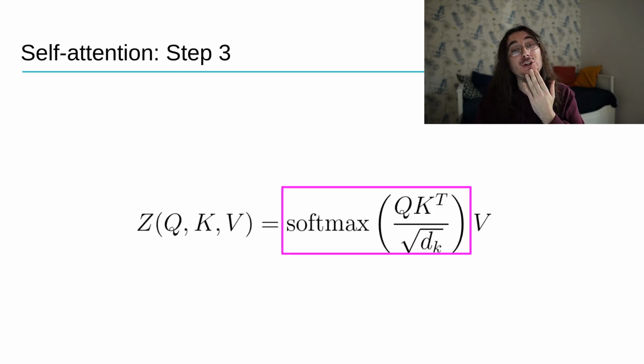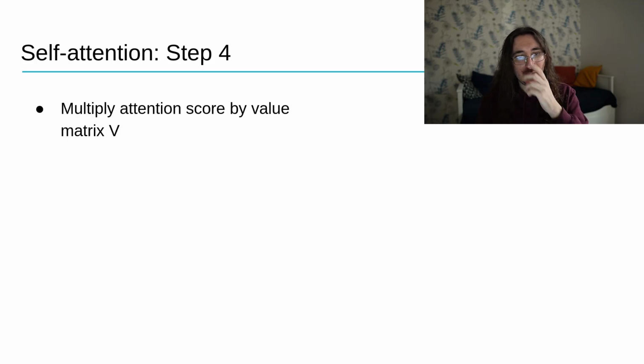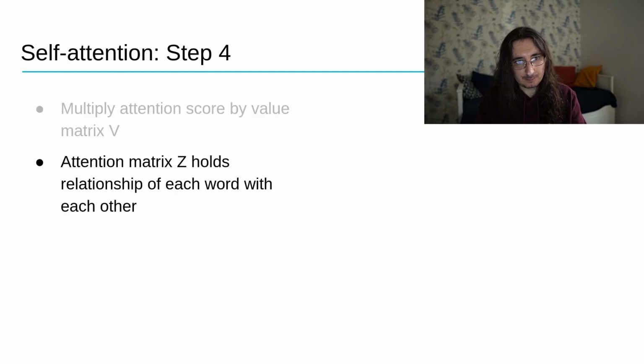Now it remains to be done only one final thing, and that would be step 4. So we take the attention score and we multiply that by the value matrix. Okay, so we multiply the attention score by the value matrix, and we are going to get basically the attention matrix Z, and this one is going to hold the relationship of each word with all the other words.